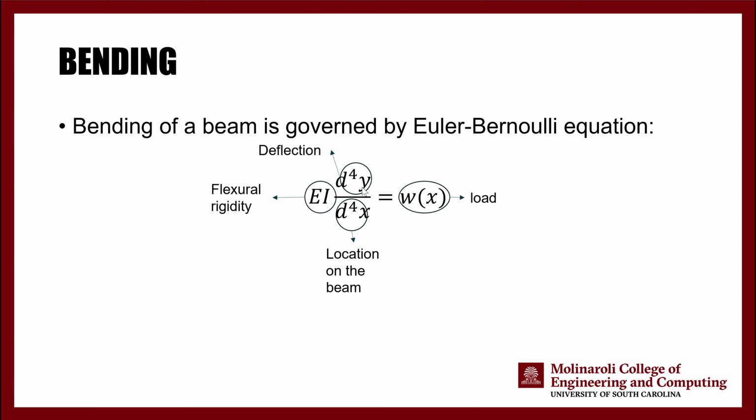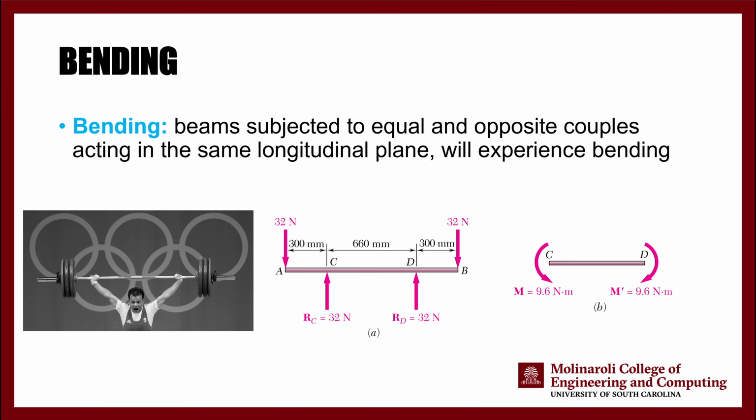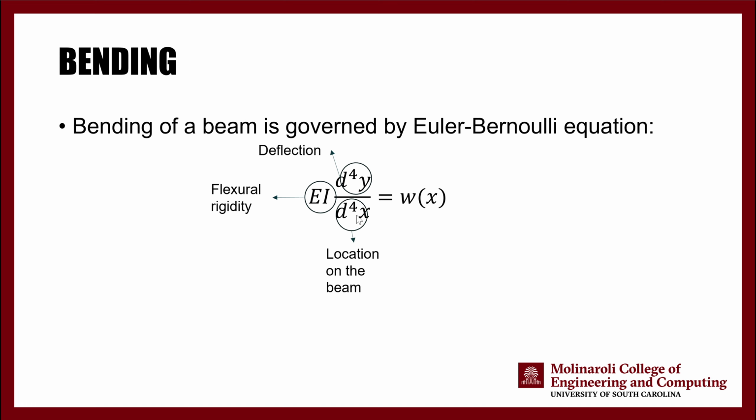Okay, so the deflection of the beam, essentially the movement in this direction, the direction of the couple, of course changes by location, but is related to the flexural rigidity.